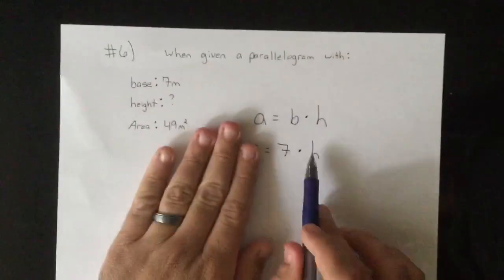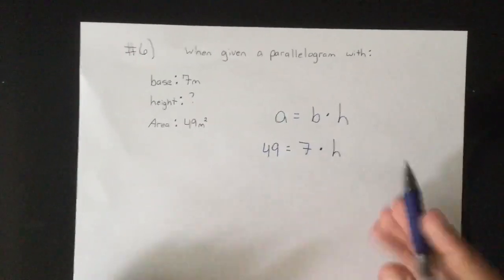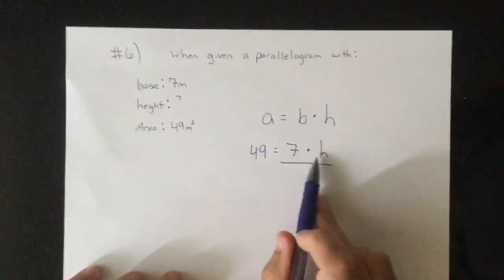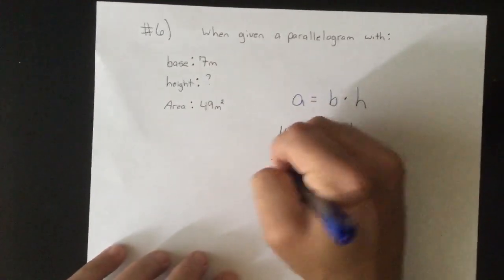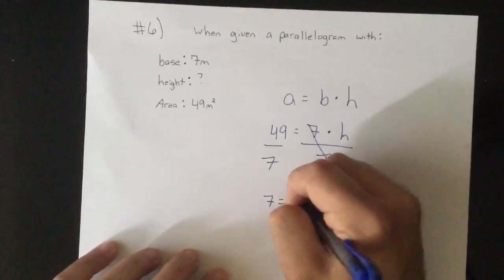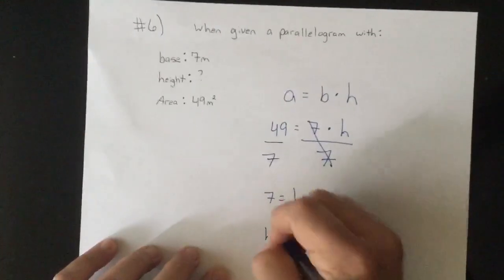Whenever you're given a base and a height, you multiply, right? Well, now we're going to have to do the opposite. We're solving for h. So what's the inverse of multiplying by 7? Divide by 7. 49 divided by 7 is 7. So your height is 7 meters.